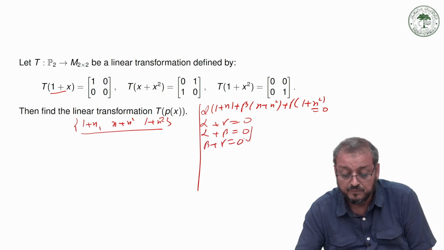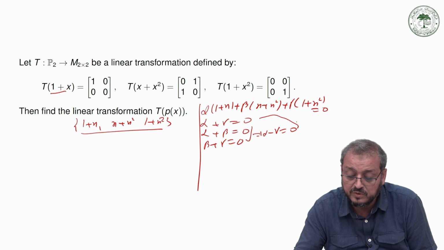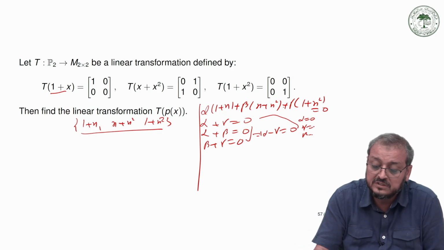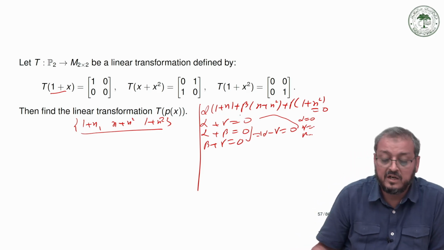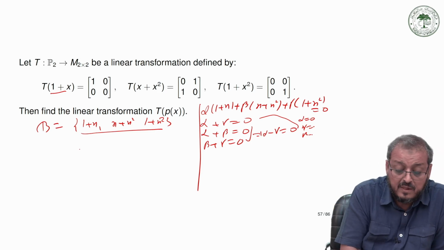By these two we can say that alpha minus gamma is equal to 0, and then by these two we can say that alpha is equal to 0, then gamma is equal to 0 and beta is equal to 0. So these three vectors are clearly linearly independent, so this forms a basis of this vector space.